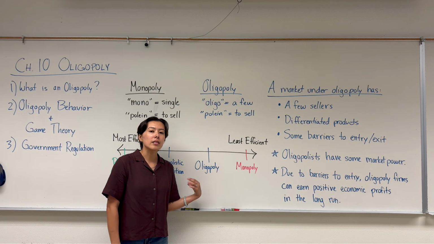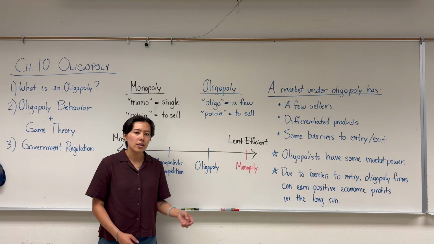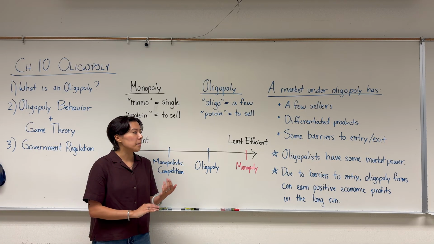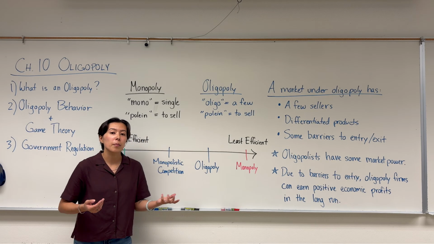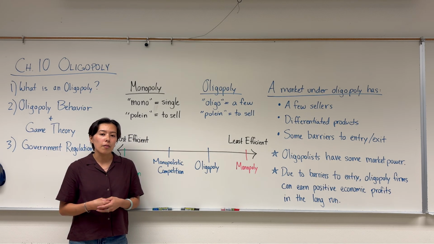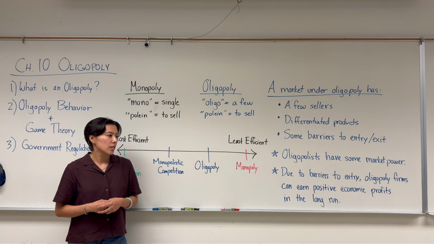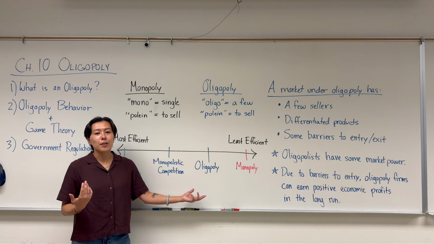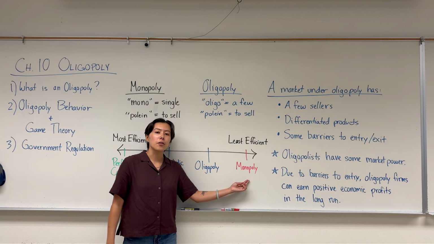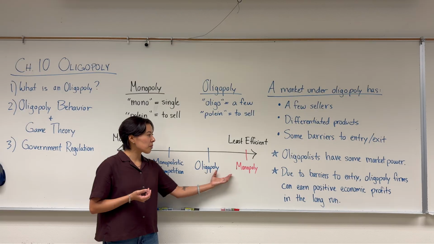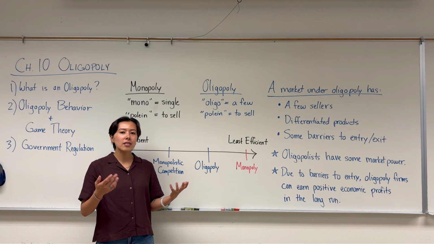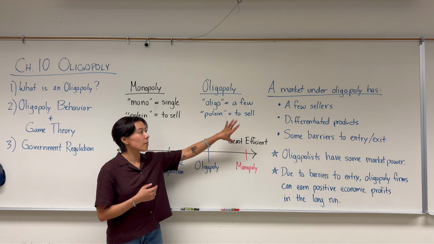Now, oligopoly leans more closely towards monopoly. We have just a few sellers, and because of those barriers to entry, these firms can exercise that market power and earn economic profit in the long run. So an oligopoly is inefficient, but it's not nearly as inefficient as a monopoly is. However, where oligopoly falls on this scale depends on how these firms within the market behave.